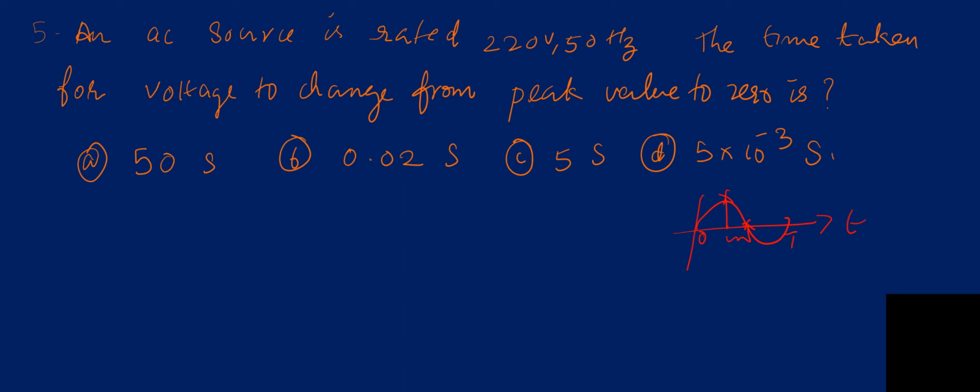That is from T by 4 to T by 2. So change in time is delta T equal to T by 2 minus T by 4. That is T by 4.